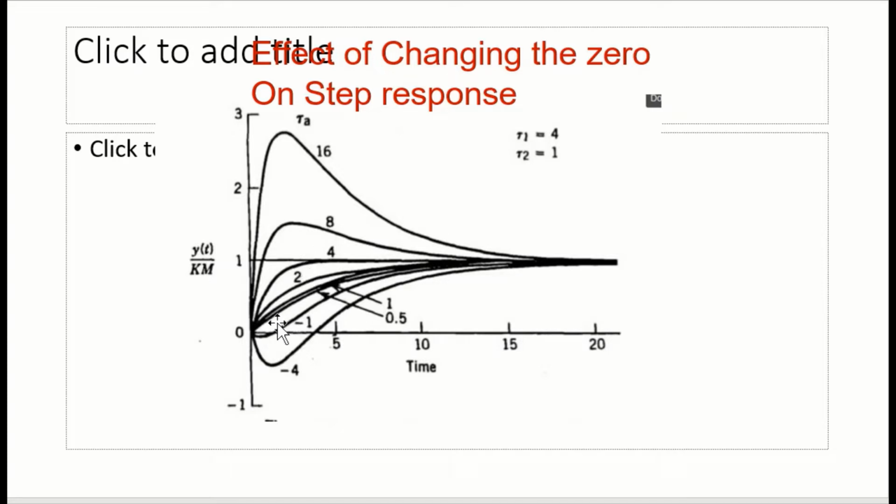As the zero gets further away, the response slows down, and eventually if you choose negative values for the zero, it'll go the wrong way first. It turns out that a lot of aircraft flight dynamics have this feature of going the wrong way first, in other words, negative values for the zeros. And this, in general, for control purposes, is bad news because it makes the system more difficult to control.